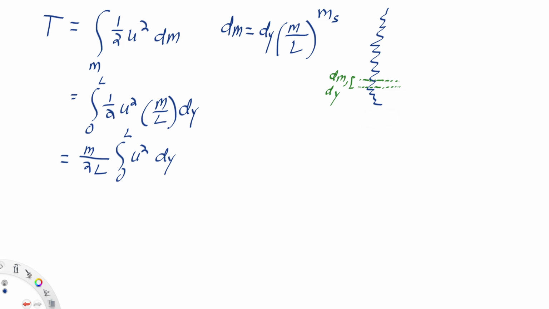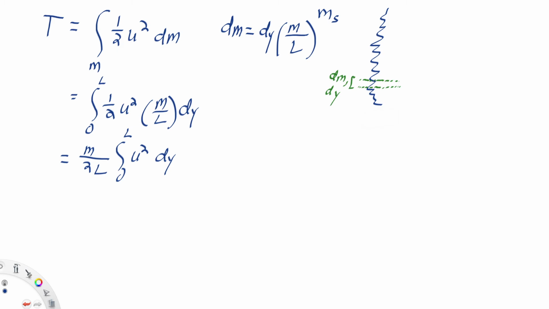Then we have to realize something about u. The parts of the spring which are closer to the top of the spring will be going at a slower speed, because the period of oscillation for the whole spring is going to be the same for every part of the spring.